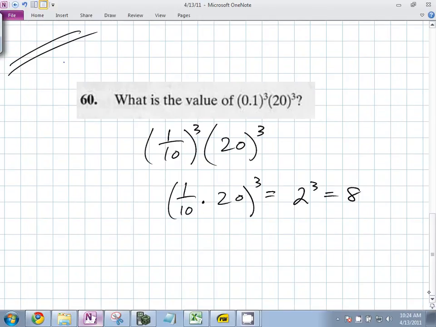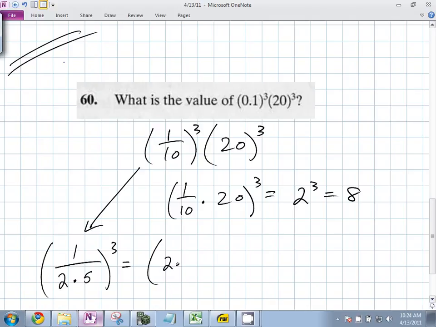Another way to think about this too, just one other way. I'm going to try to show you a side way. It's longer and not the method you would use, but it's a good exercise. What's a way to write 10? 2 times 5, right? And what's 20? 2 times 2 times what? To the third.